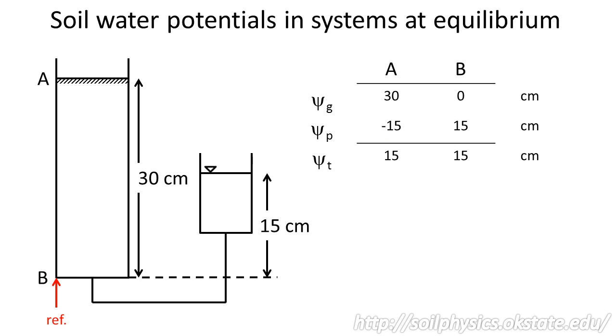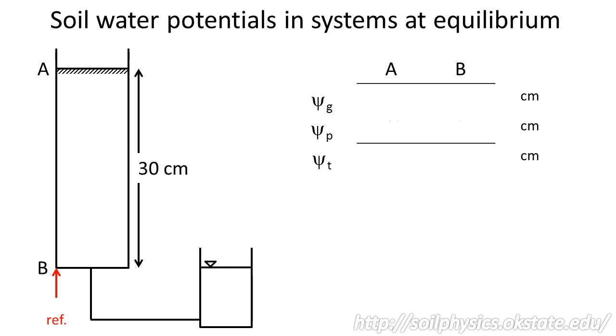And we can continue this and change the example once again by further lowering the water reservoir. Now we have the free water surface equal in elevation with the bottom of the soil column. Gravitational potential is always where we start, and the gravitational potential at B is 0. At A is 30 centimeters.